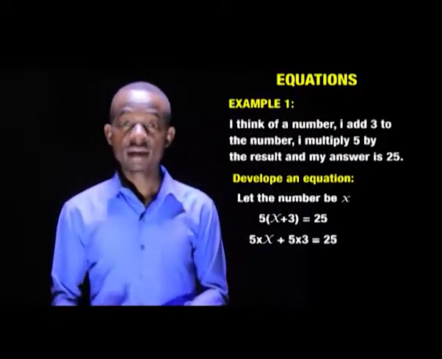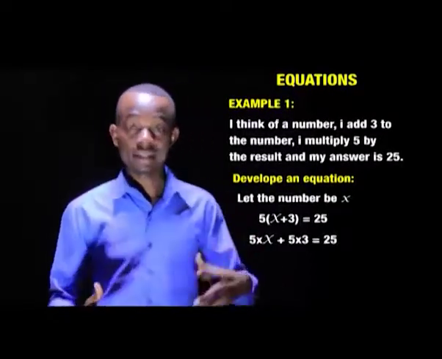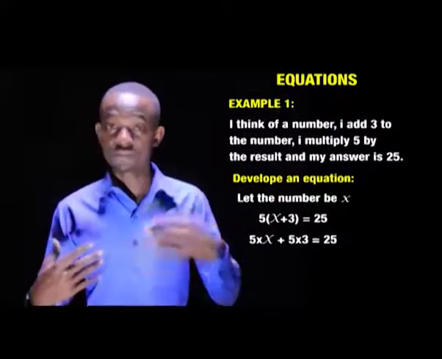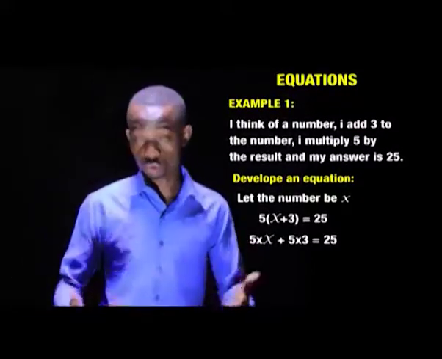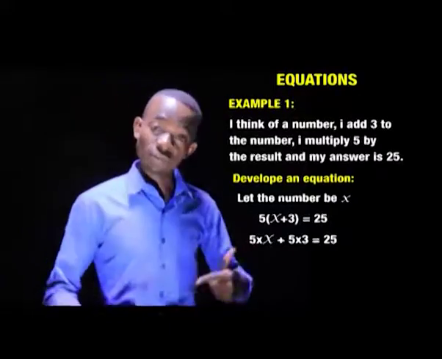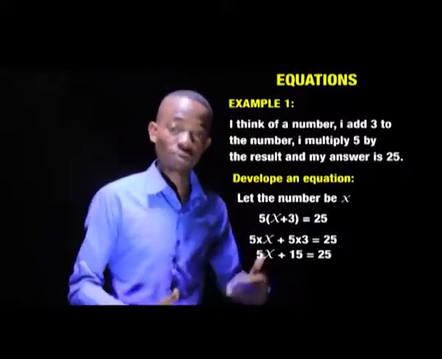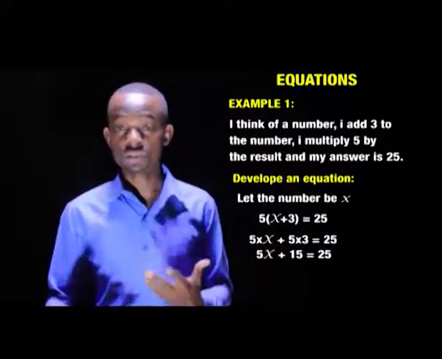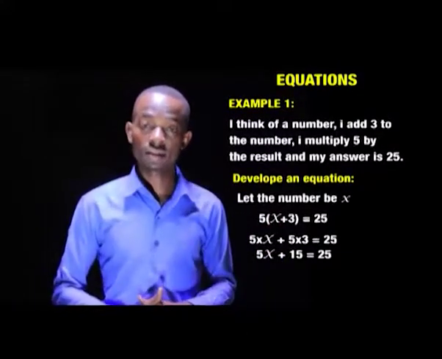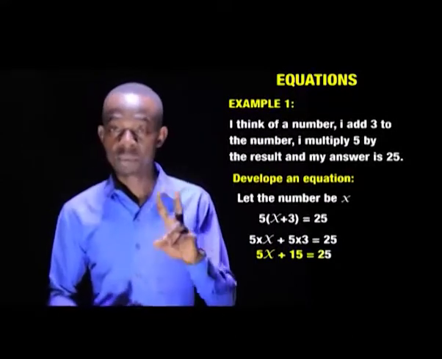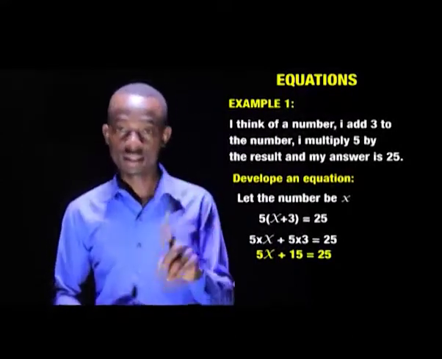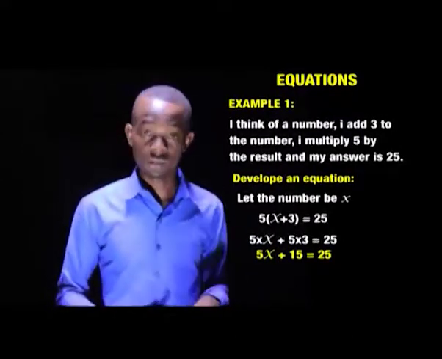So I'm going to say 5 times x plus 5 times 3 is equal to 25. So when I have 5 times x, I get 5x, plus 5 times 3 gives me 15, is equal to 25. So my expression in this case is 5x + 15 = 25.